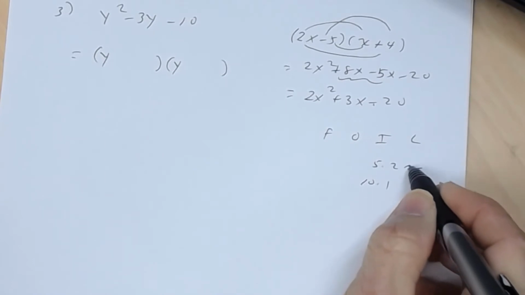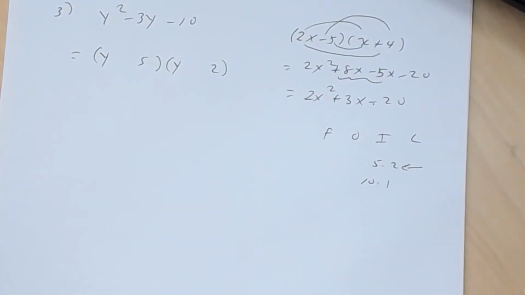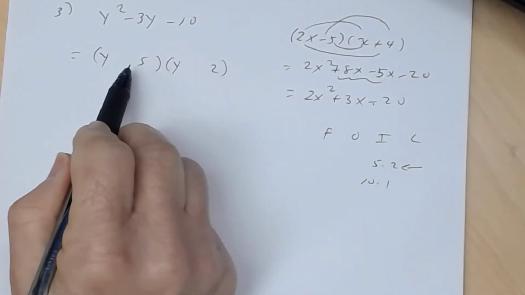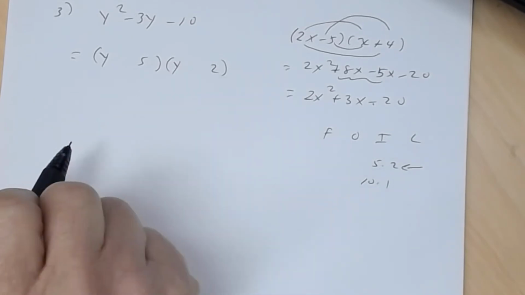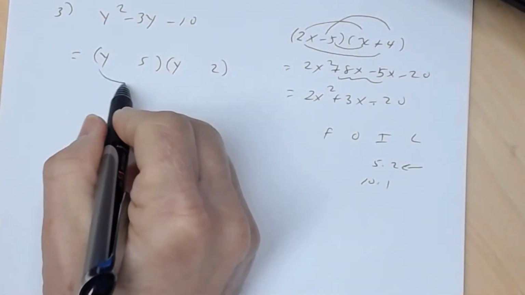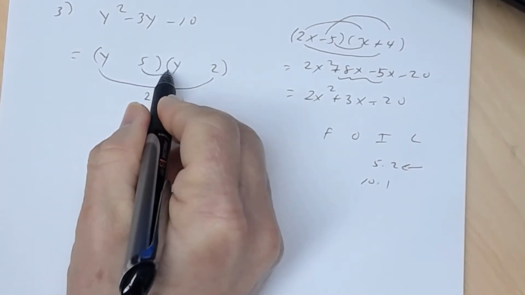All right, let's try 5 and 2 first. So let's put the 5 here, the 2 here. Okay, now we know that one has to be positive, the other one has to be negative. So either this will be positive or this would be negative. What I would do first is this. I would look at the outer first. So the outside is 2y and the inside is 5y.